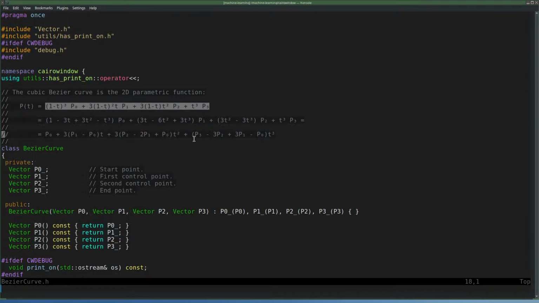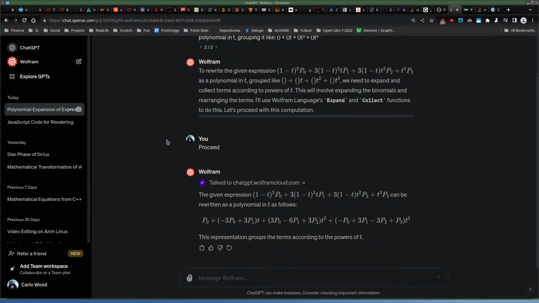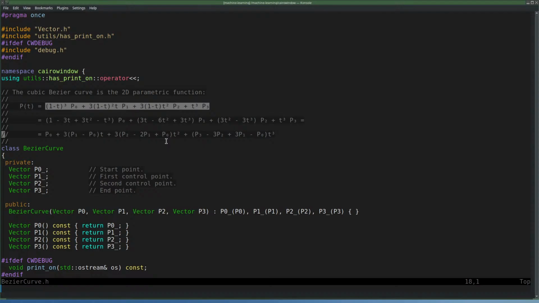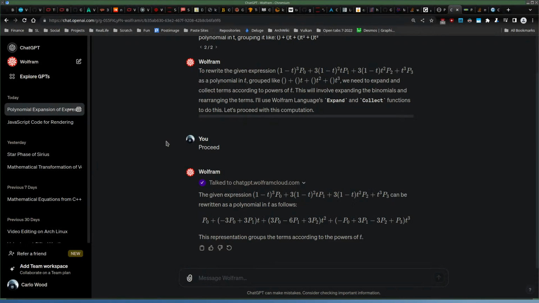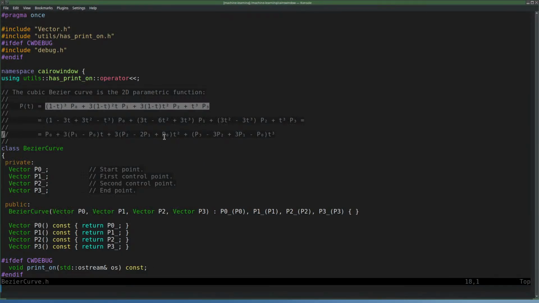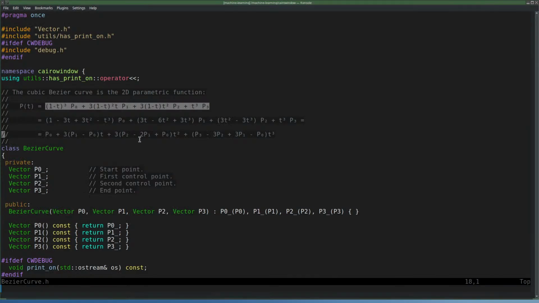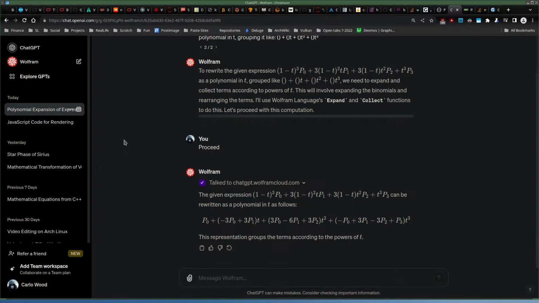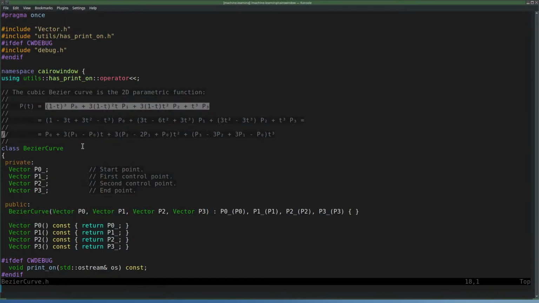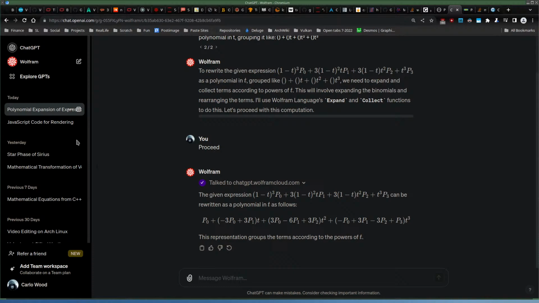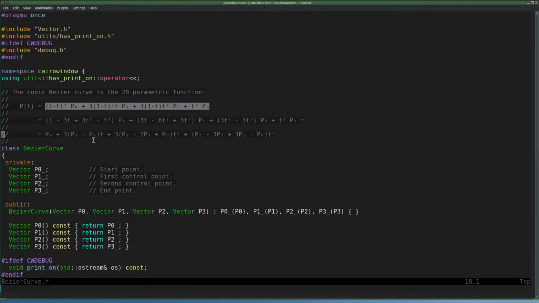All that is correct. And then here we have the t squared one. I have P0, which is, times 3, yeah, 3 times P0, minus 6 times P1 plus 3 times P2. 3 times P1 minus 3 times P0 plus P0. Yay, I did not make a mistake.